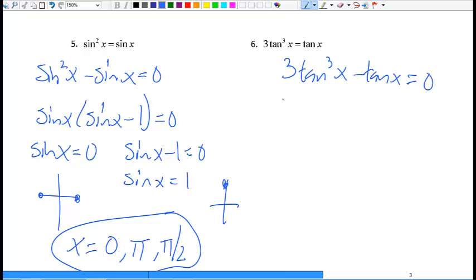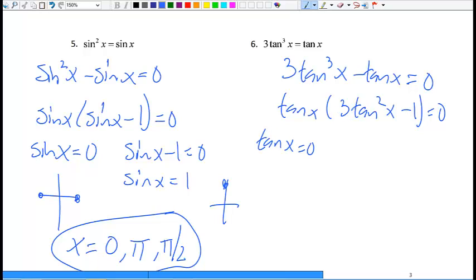Then I'm going to factor out a tangent x, so that's tangent x times 3 tangent squared x minus 1 equals 0. So already I get tangent x equals 0. And then this thing I get, let's see, tangent squared x would be positive a third. So if I take the square root of that, I should get tangent x equals plus or minus square root 3 over 3.